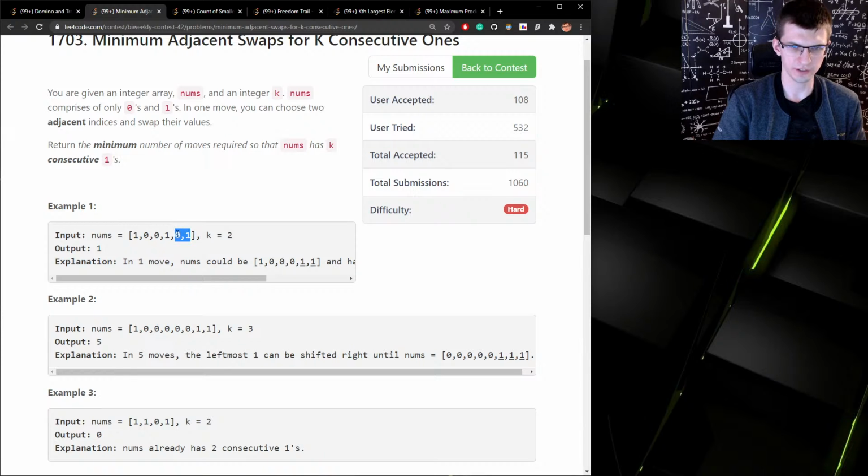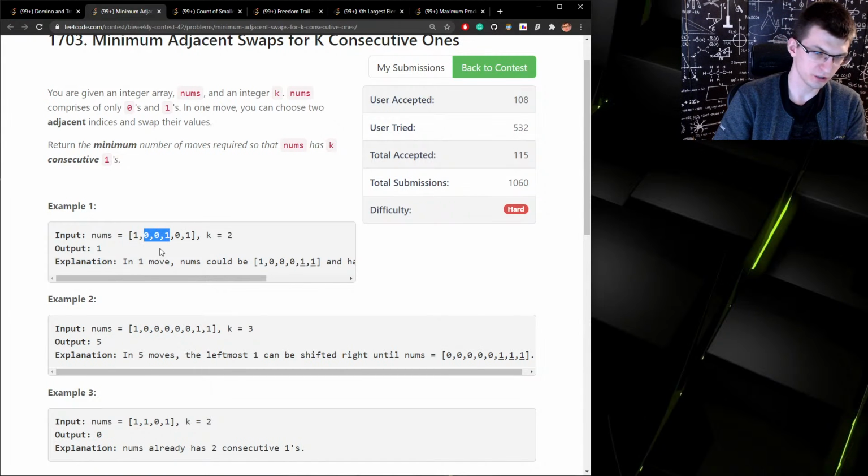So here I could, for example, swap them, and I would have two adjacent ones. If I wanted three ones together, I would need to bring all of them to each other. And maybe it would be optimal to put them on those positions, maybe here, but something like that.